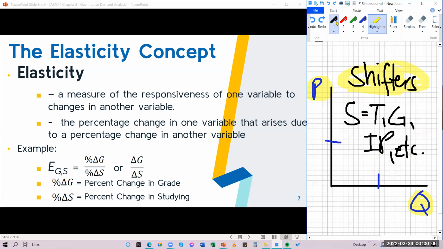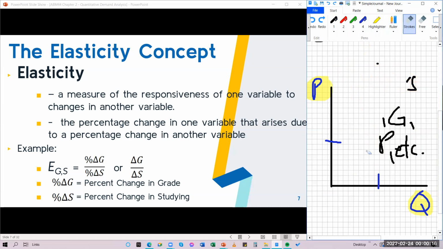Those are our variables, our shifters, as well as our price and our quantity. These variables will play a very big role when it comes to measuring our elasticity. So, more on responsiveness of one variable to changes in another variable: the percentage change in one variable that arises due to a percentage change in another variable.